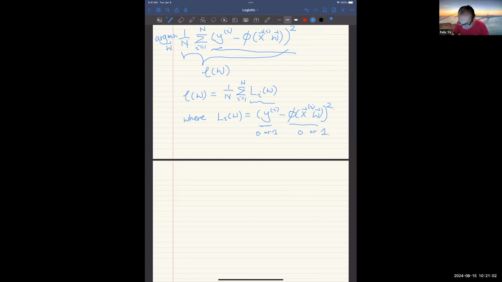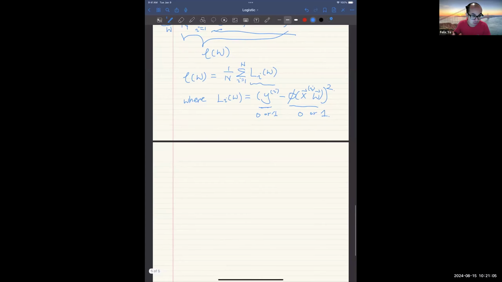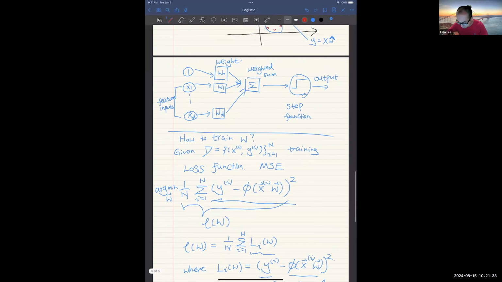But the issue is this gradient. Of course, we can take the gradient, which is equal to 1 over n times the gradient of this. But the biggest issue is this is not differentiable. Why? Because this step function right here, this phi, is not differentiable.